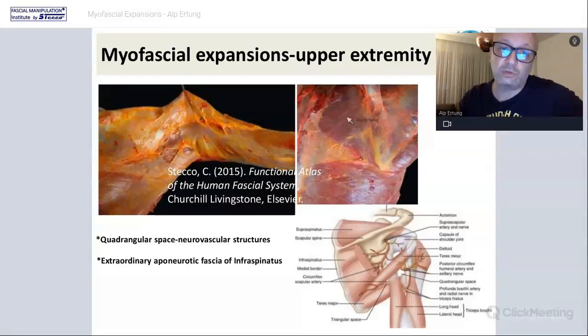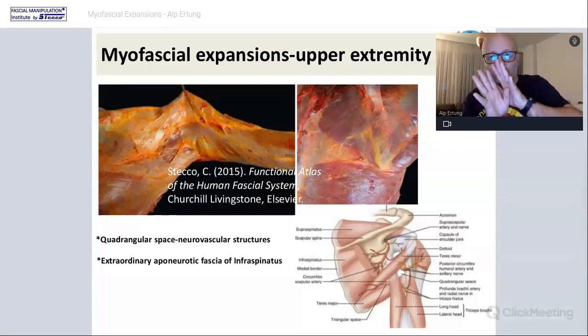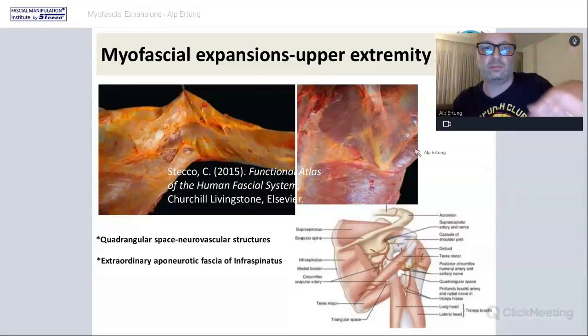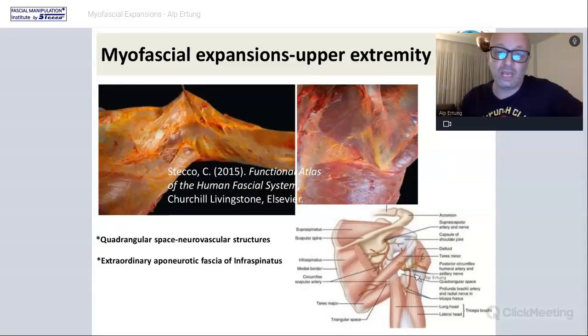It's also in continuity with the rhomboids. With its extraordinary fascia, it covers teres minor, and it is connected with teres major and everything. And we have very important structures here, like two important nerves and some important little arteries.